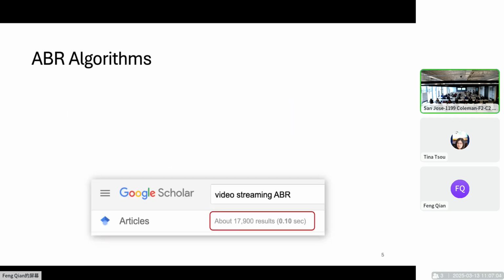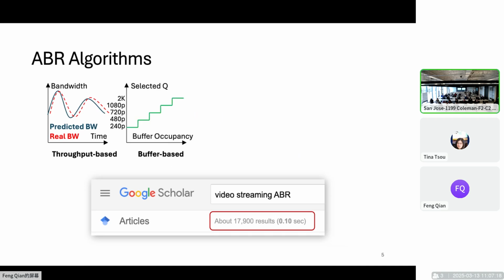And to answer your question, there are actually many, many ABR algorithms. If you do a Google Scholar search, you can see there are a huge number of papers on video streaming ABR. Some algorithms, like the old ones, are throughput-based. Basically, the algorithm tries to predict the network condition and make a decision. Some algorithms use the buffer level. When the buffer level is low, we can intuitively lower the quality level, because we have some risk of being stalled.